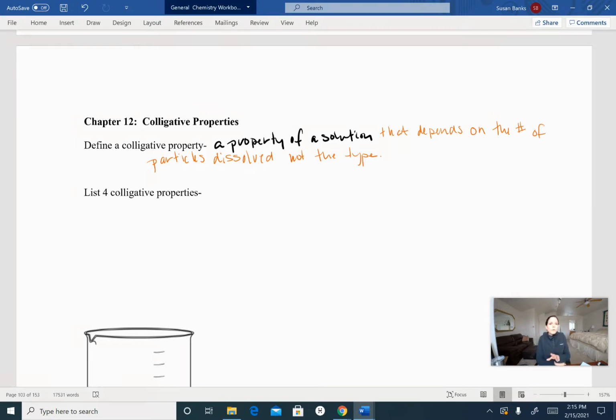Okay, there are 4 main colligative properties that we are going to discuss. We're going to discuss some of them in more detail than others. So the first colligative property is vapor pressure lowering. Some people also call it vapor pressure depression. That's both of the ways you can say the vocab for it, vapor pressure lowering or vapor pressure depression. We also have freezing point depression.